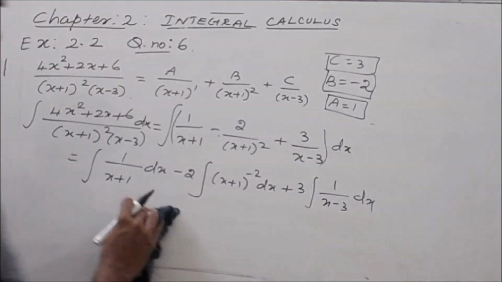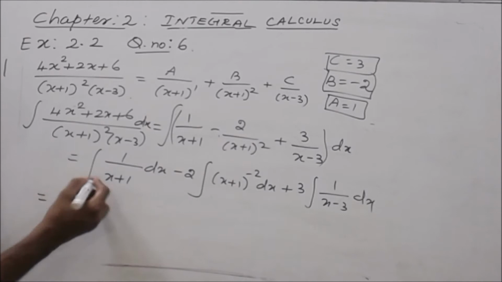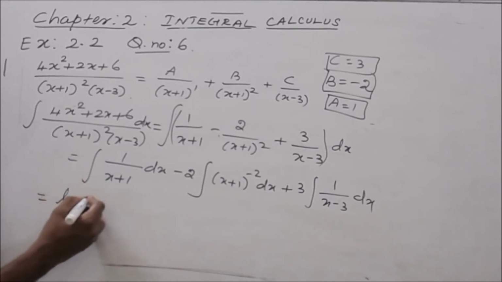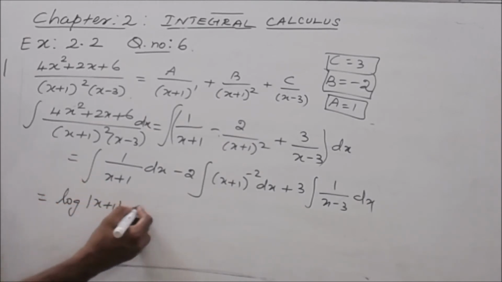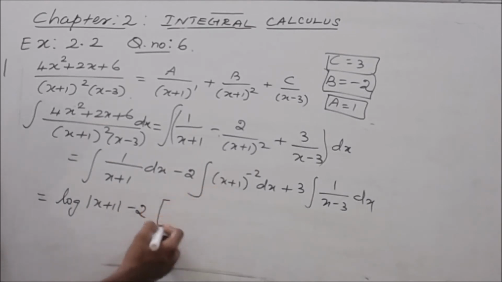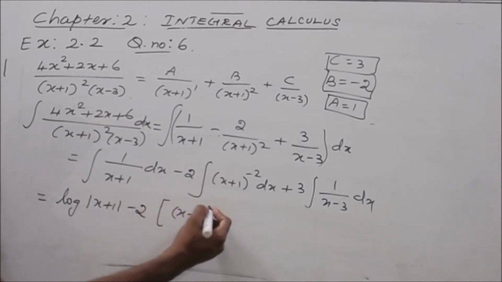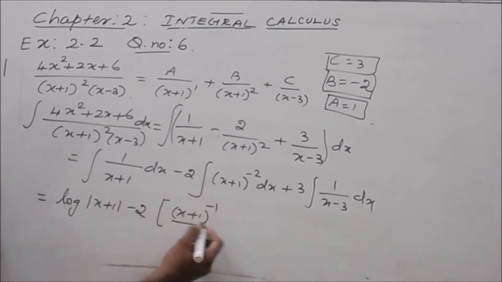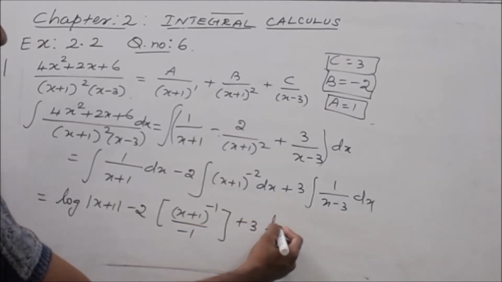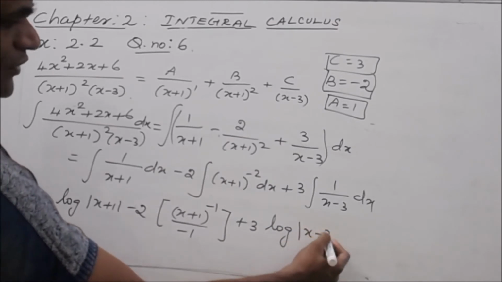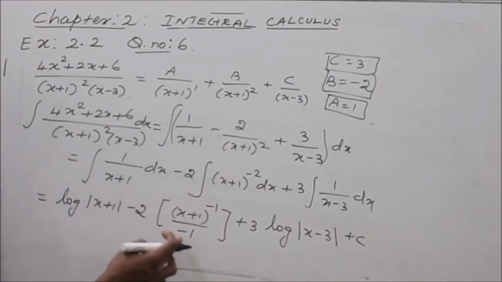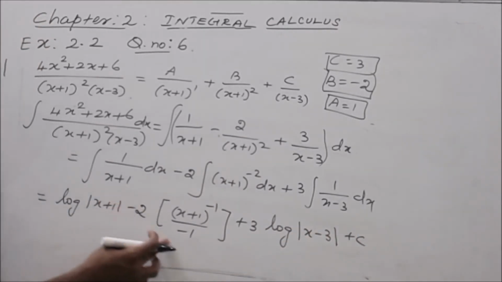Now substituting the first formula, equal to log of modulus of x plus 1, minus 2 into x plus 1 whole power minus 2 plus 1, which is minus 1, divided by minus 1, and then plus 3 into log of modulus of x minus 3 plus c. We can simplify this. These two will yield a plus 2.